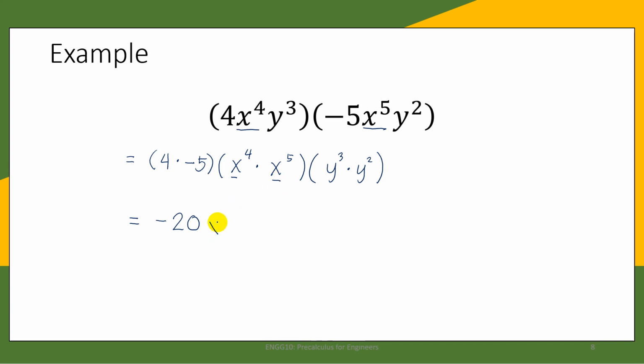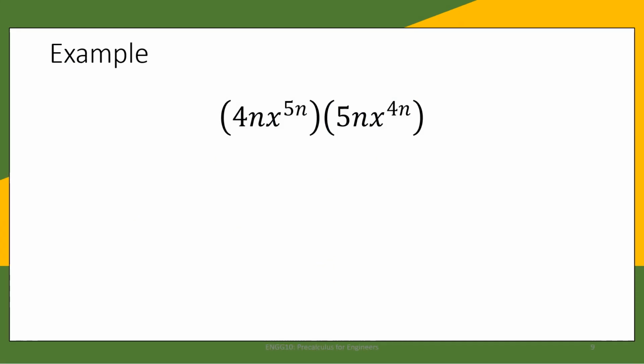So this one becomes x raised to 4 plus 5, which is 9. So that becomes x raised to 9. And finally, y raised to 3 times y raised to 2 is y raised to 3 plus 2, which is 5. So that is the answer for the operations being asked.